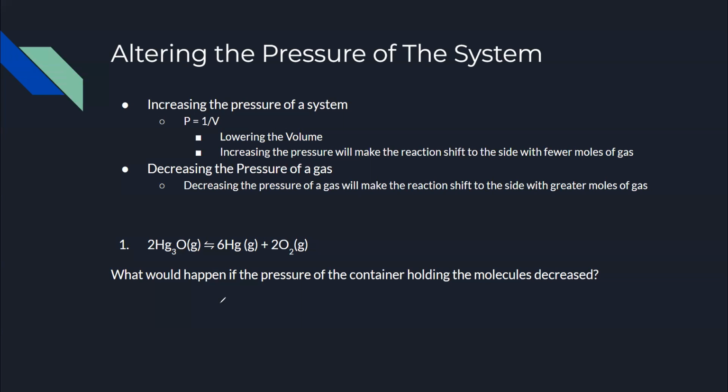So you just count the coefficients. There's 8 moles over here, 2 moles over here. So the reaction would shift right, as there's a lower pressure. So it'll shift right.